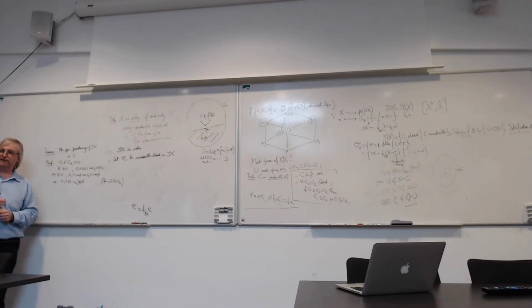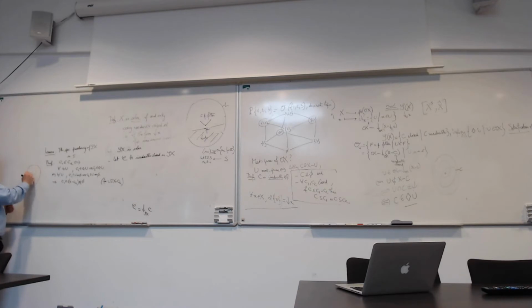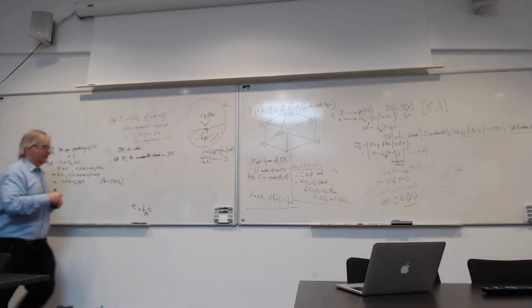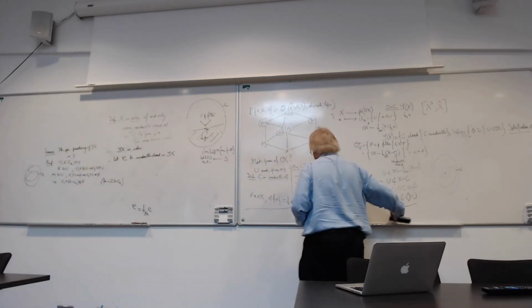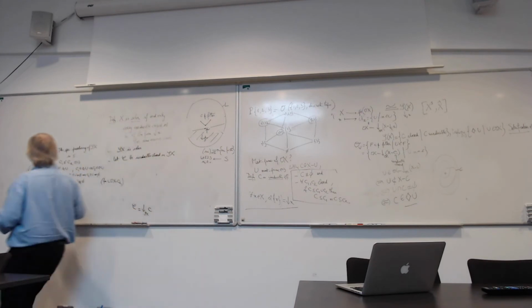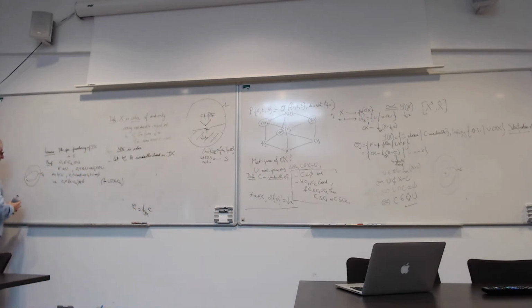So C1, okay, in pictures, take C2, the complement, and C1 is here, but it can't actually intersect. Sorry, it's not here. So C1 cannot have any point outside of C2.